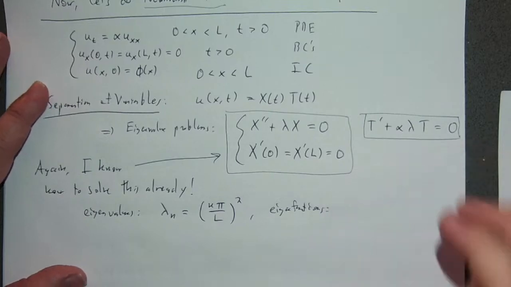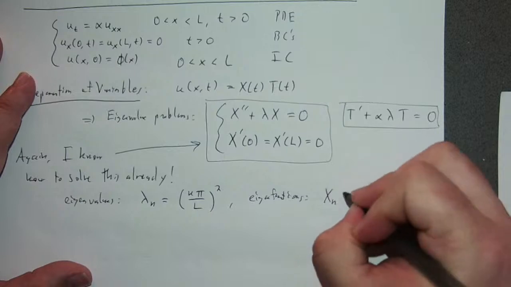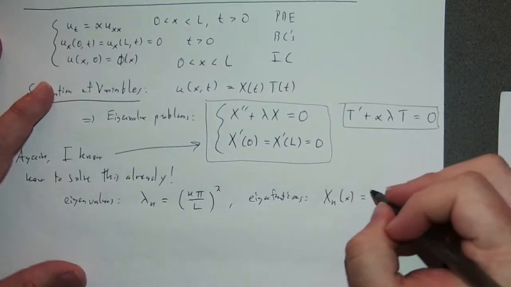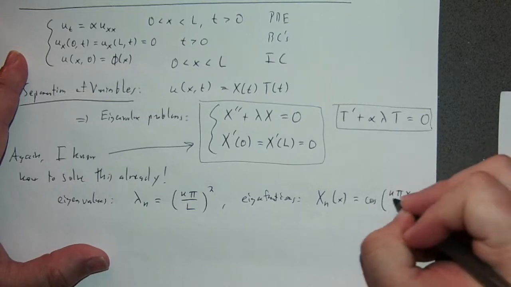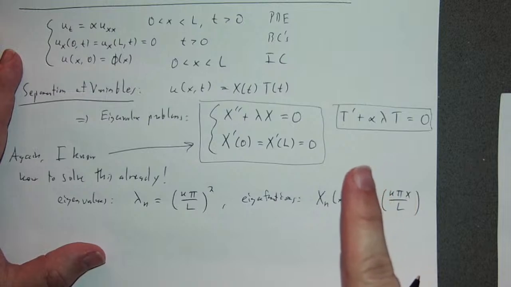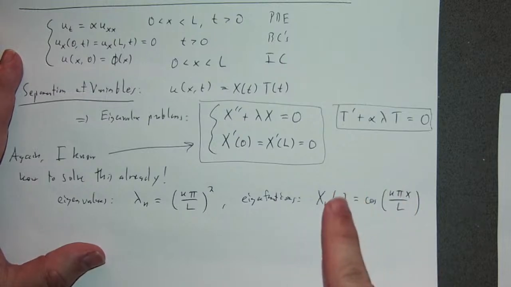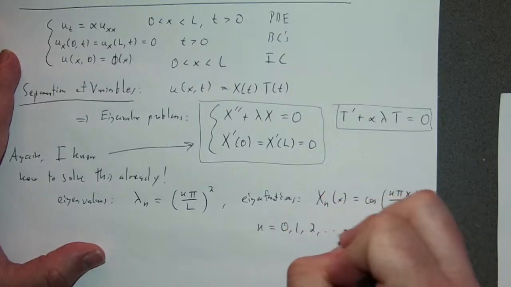Again, I can make that arbitrary constant on the front 1, so my eigenfunctions here are X sub n of x is cosine n pi x over L. Now, something that's a little different is 0 is an eigenvalue here in this case, and so this is for n equals 0, 1, 2, and so on.